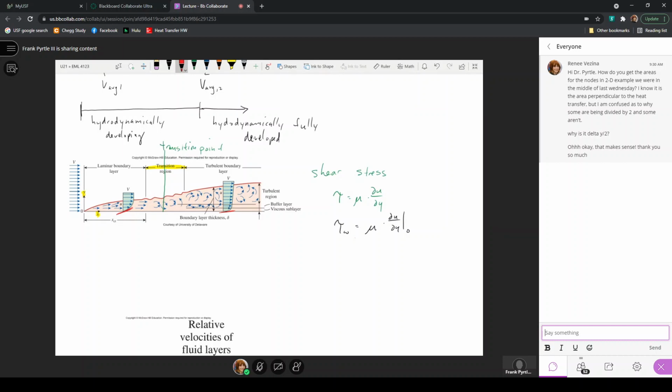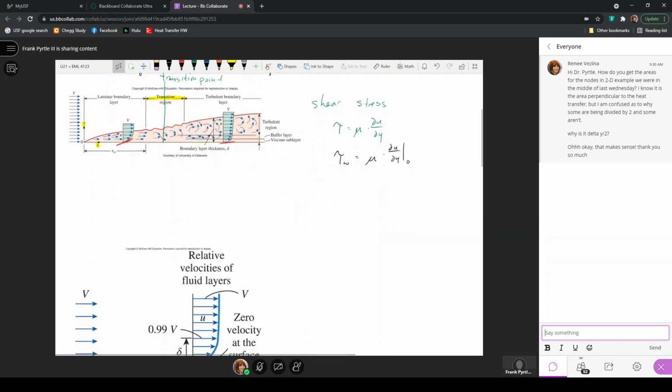So when we consider shear stress varying as a function of position due to velocity gradient variations, expressions of the heat transfer coefficient will also vary as a function of position.